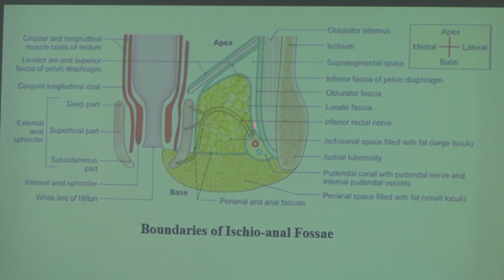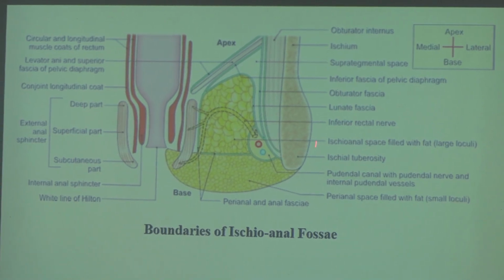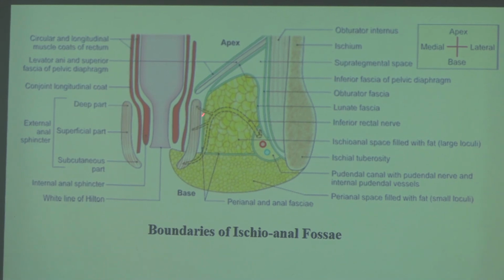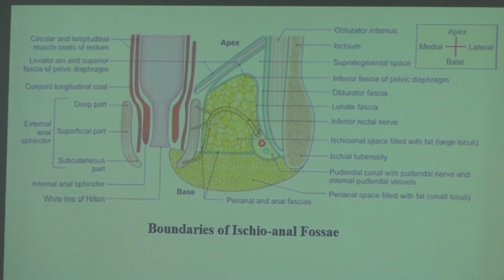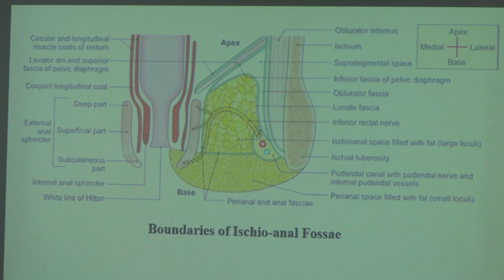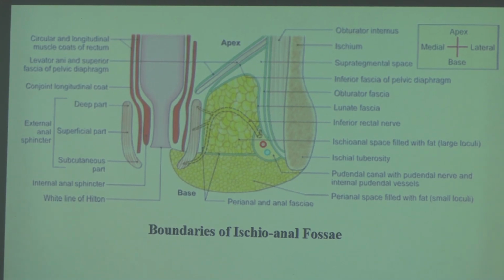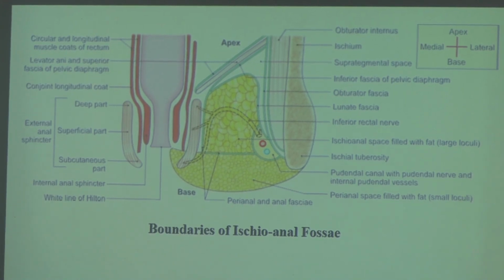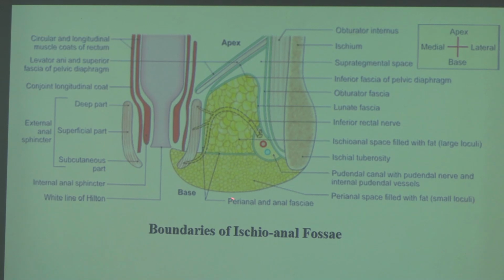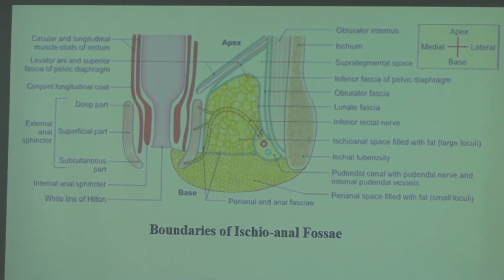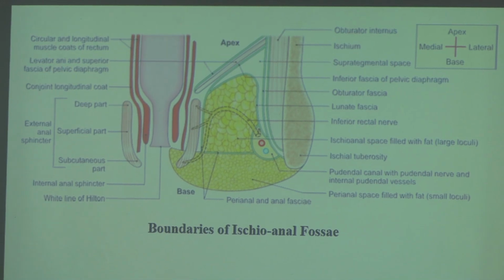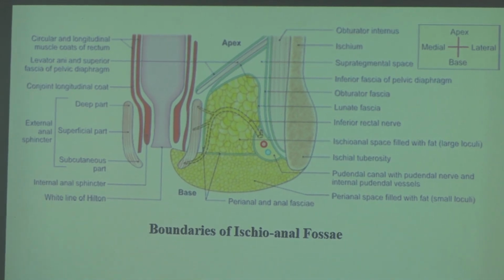Next, you can see the lateral wall. It is mainly formed by the ischial tuberosity. Medially, it is formed by the external anal sphincter. At the terminal part of the anal canal, sphincters are there, so this is forming the medial wall. Now, the base is mainly formed by the skin of the anal triangle.